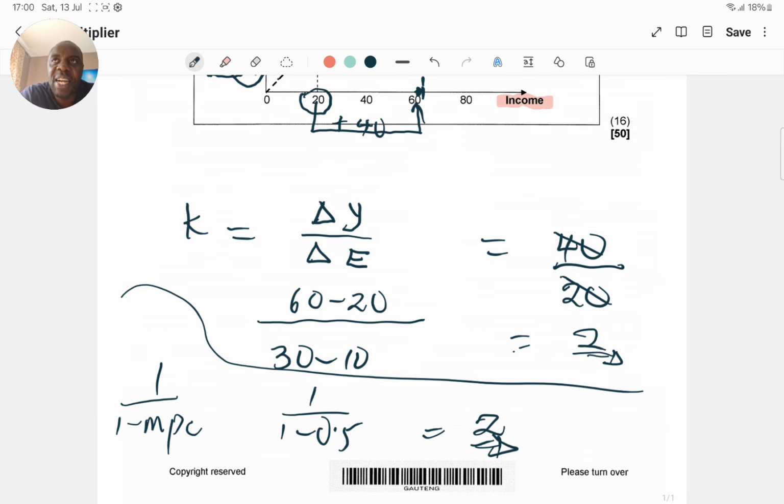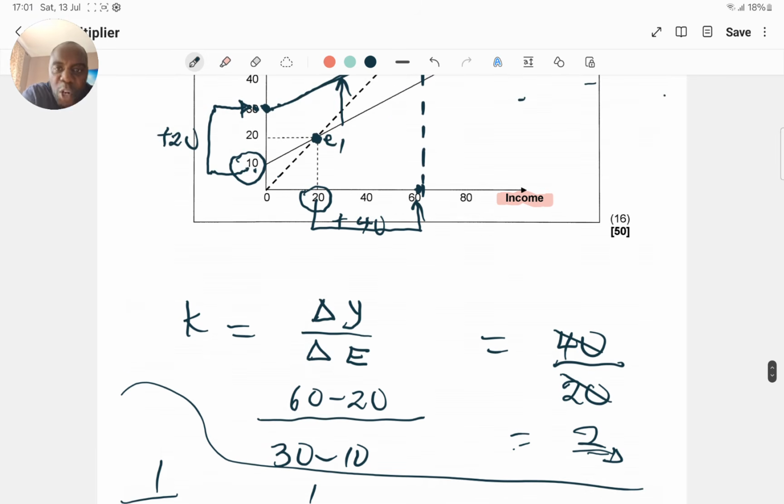The examiner can say government expenditure, investment expenditure and so on. In this case, our investment expenditure was 20. Since the size of the multiplier is 2, we say 20 times 2. That's how we got the 40. Then you increase your income by 40 from 20 to 60, and you increase your expenditure by 20 from 10 to 30. That is how you graphically represent the multiplier.